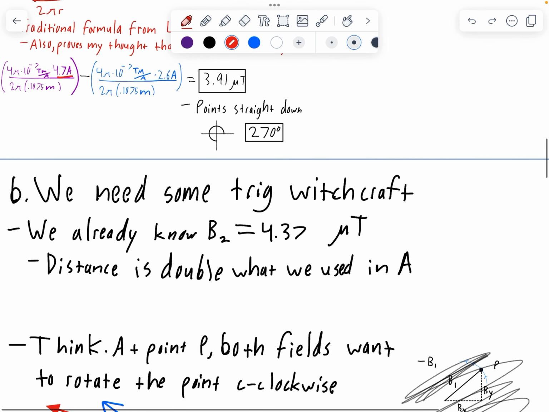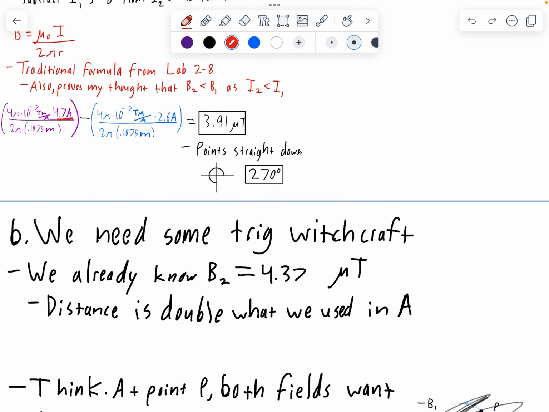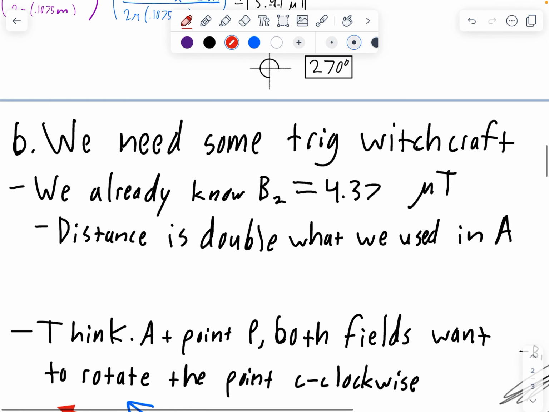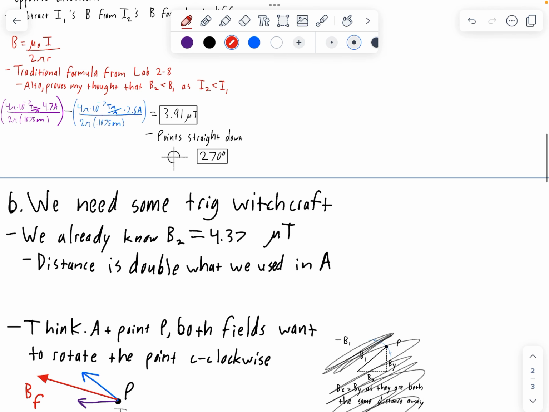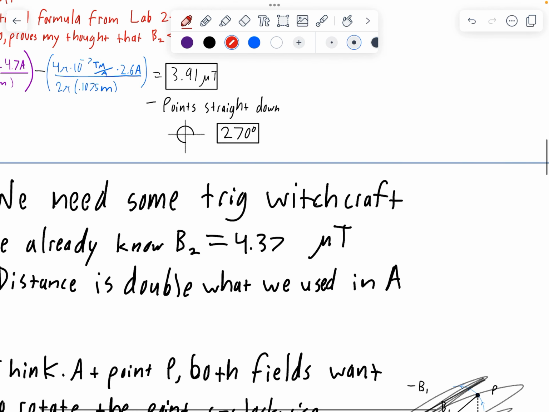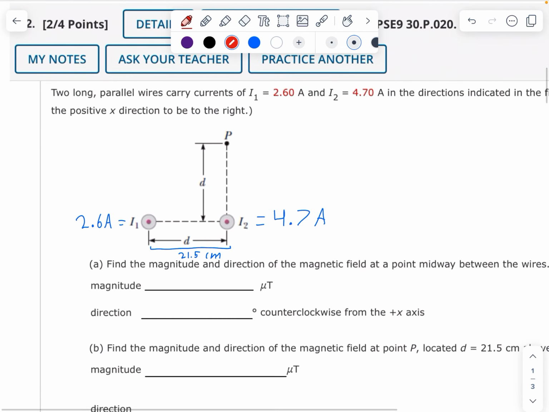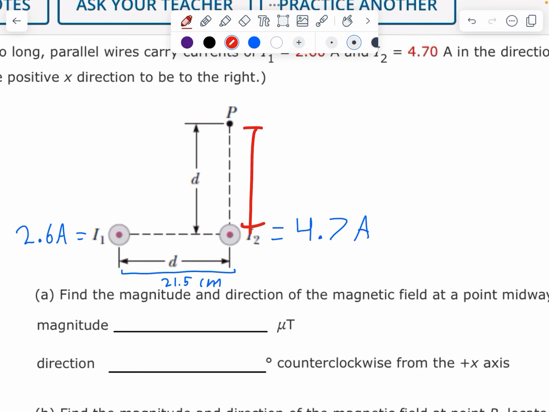We already know that the magnetic field due to wire 2, B2, equals 4.37 nanotesla. That's because we used this formula up here, except with a distance d, since I2 is a distance d away from P, like they said, and not just d over 2.